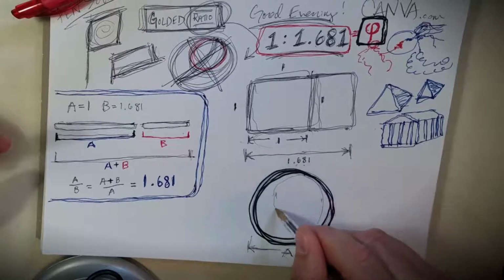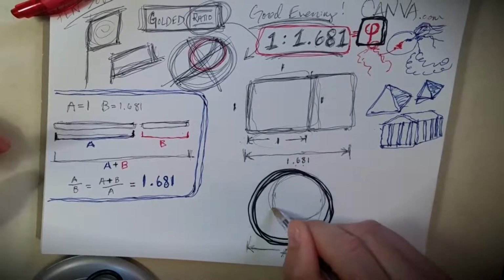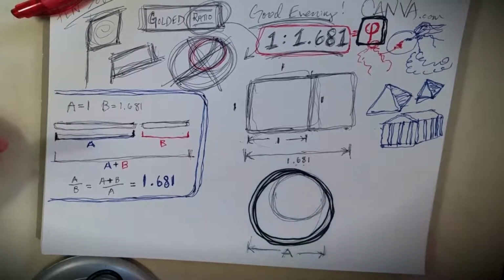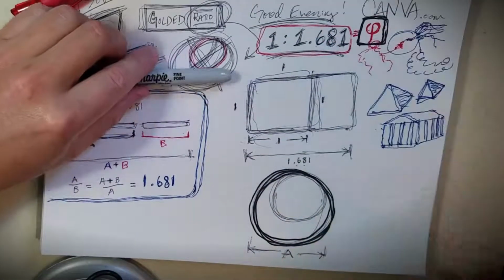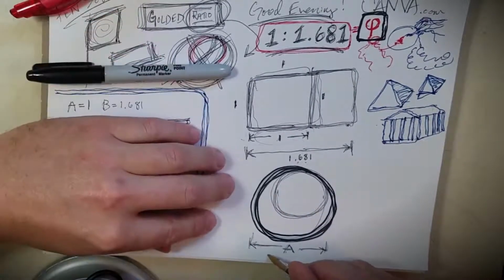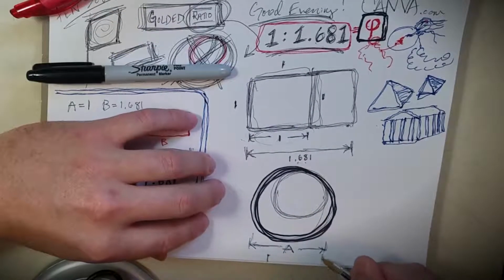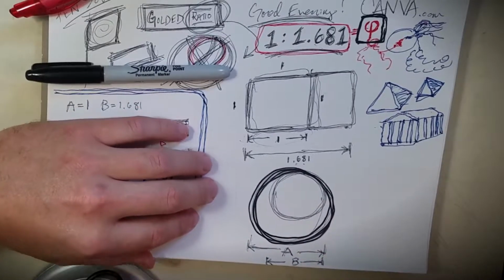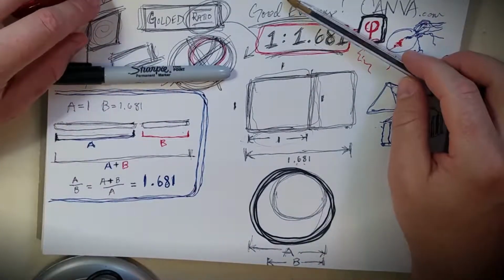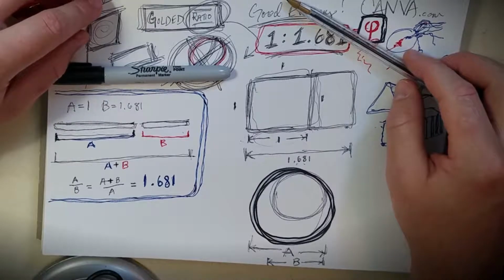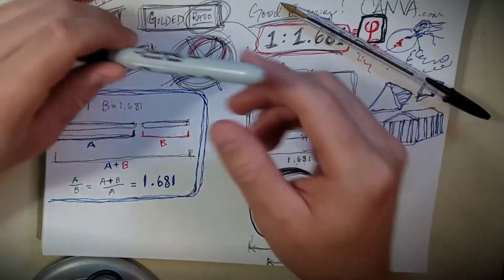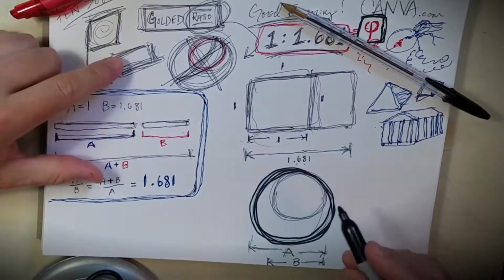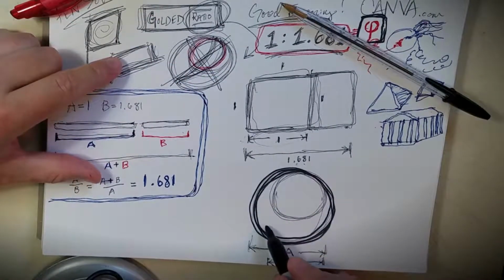So let's just pretend that's a diameter of space here. So we'll pretend that diameter is B. And where we're going with this is, let's see if I can do this right. So it's like right here.